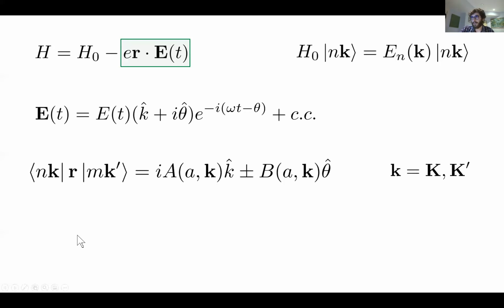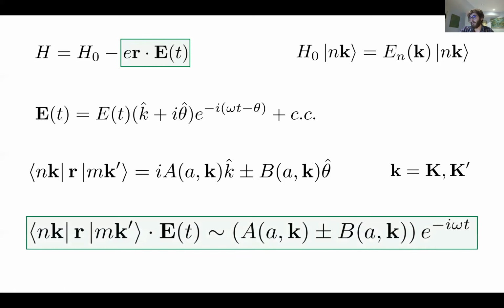Now, the graphene field interaction itself is proportional to the dot product of the position operator and the electric field. And one can easily show that the resonant term, the dominant term of that interaction, is proportional to this thing here. Again, A and B are real and positive, so when we're at the K point, we get a constructive interference, so to speak, of the A and B functions, while at the K prime point, we get a destructive interference.